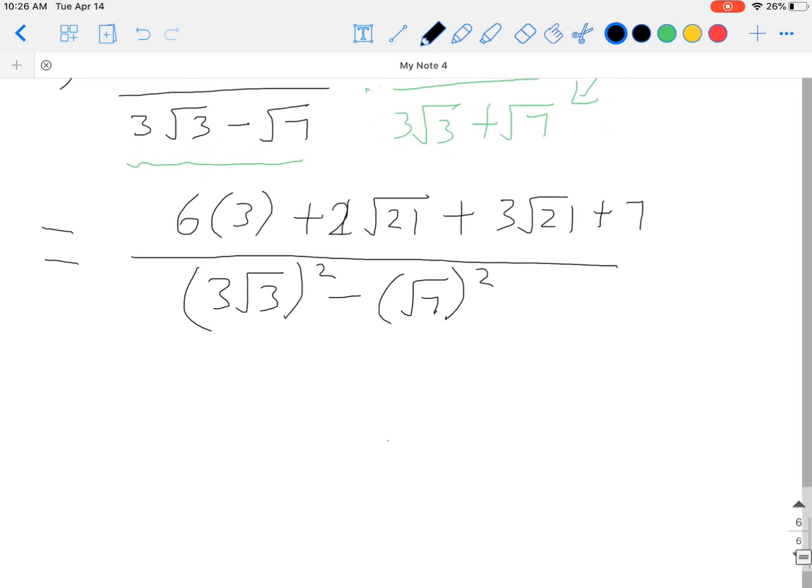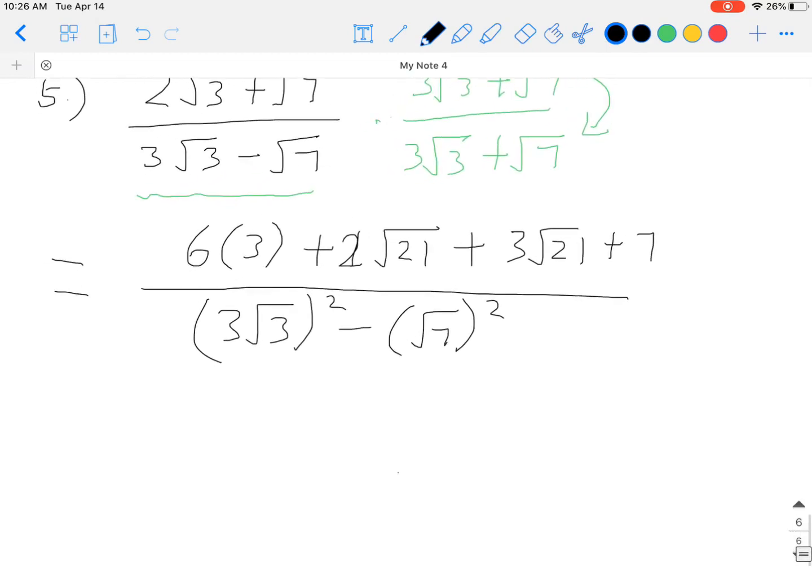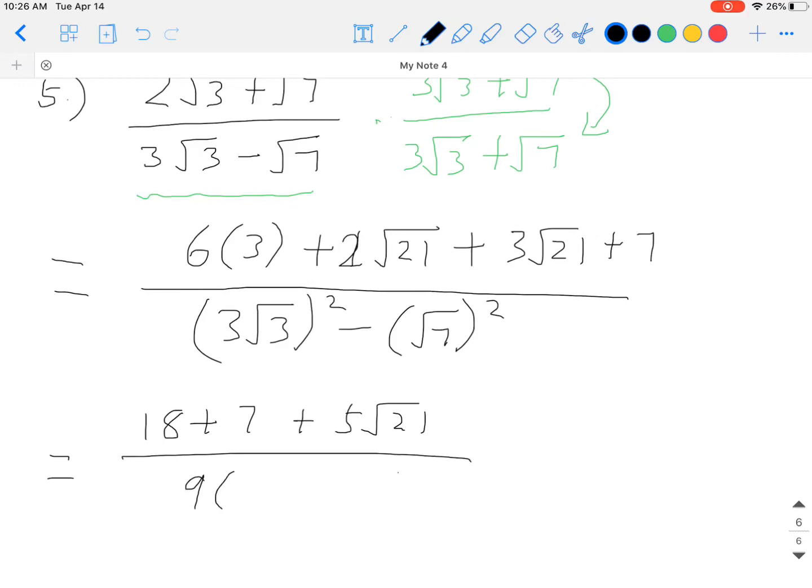Now the next step would be, we need to simplify this a little bit further. On the top is 18 plus 7. And since the middle terms here are two like terms, we can combine them. Plus 5 radical 21. In the bottom is 9 times 3, because the 3 had to be distributed here, minus radical 7 squared, which is 7.